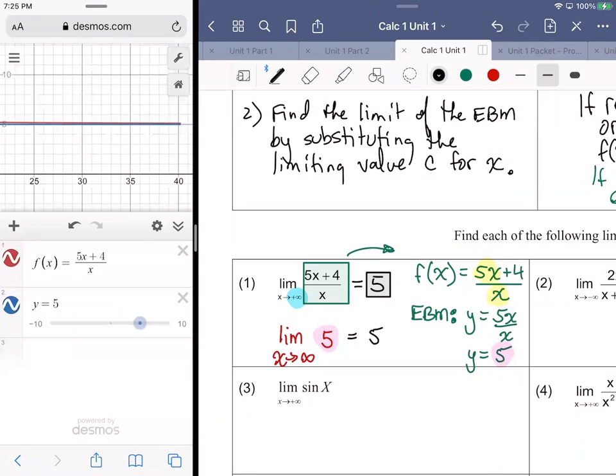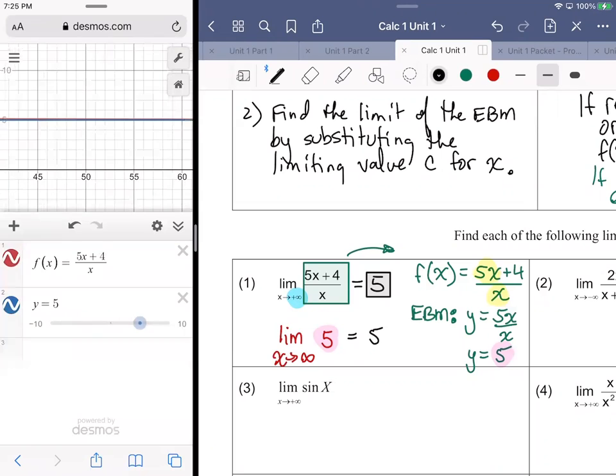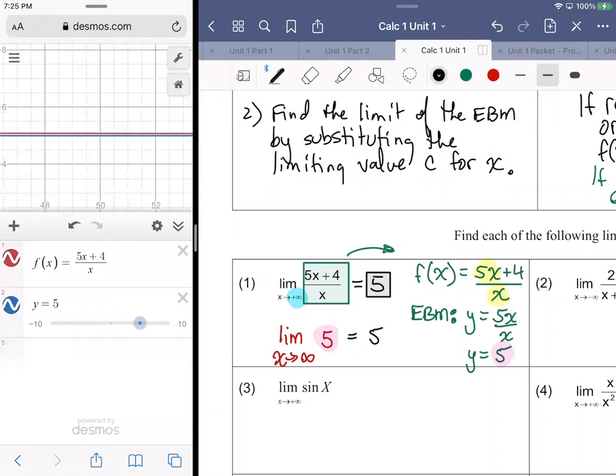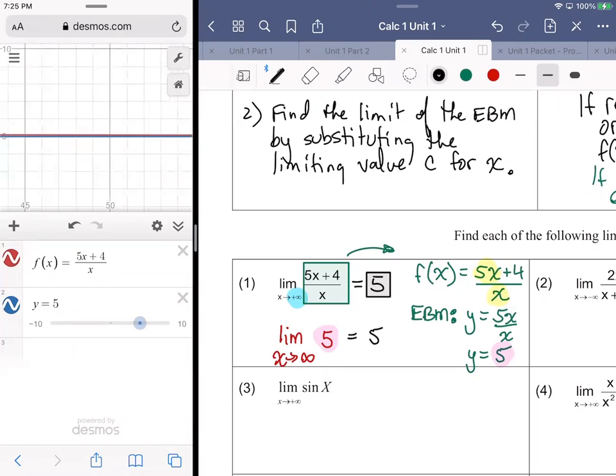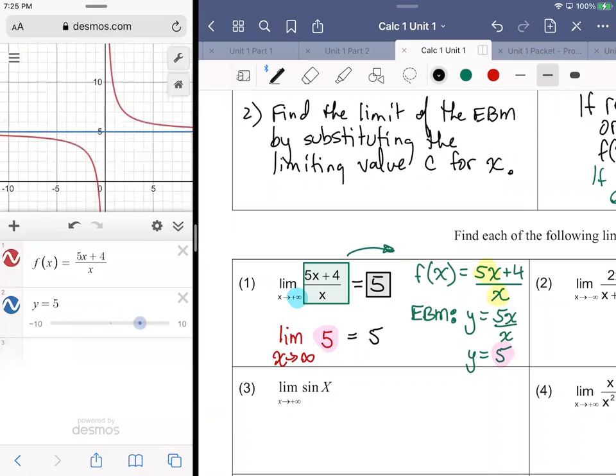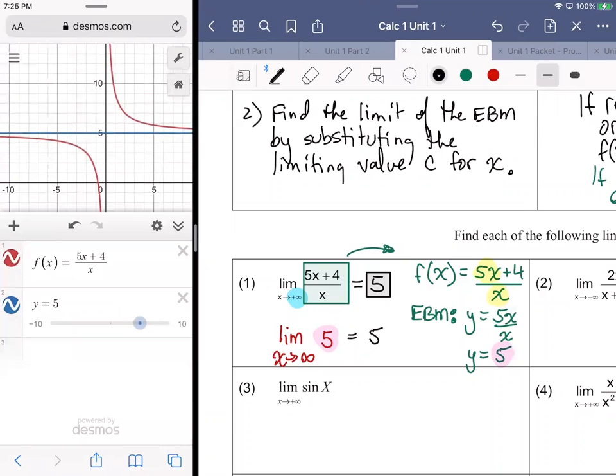As we go out to the right, the red curve is almost indistinguishable from the blue one. Right, so for large values of x in the positive direction or in the negative direction, the behavior of the graphs are the same. Now, towards 0, they don't behave at all alike.